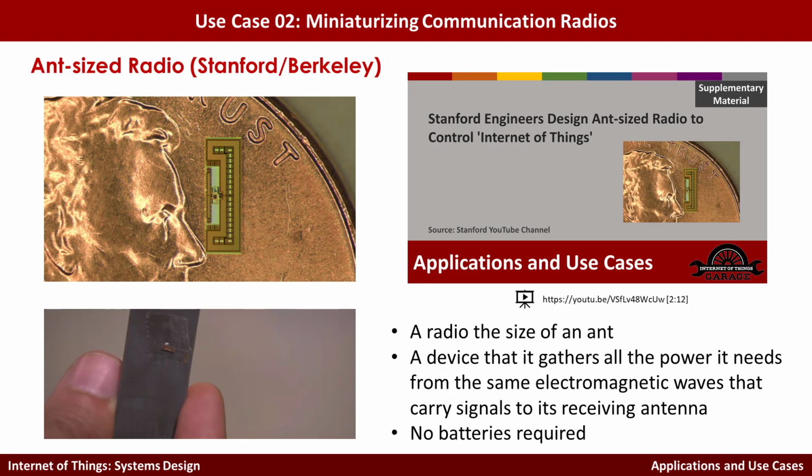It gathers all the power it needs from the same electromagnetic waves that carry the signal to its receiving antenna, so there are no batteries required. This is one of the smallest radios developed in the marketplace. Please go and watch the video to understand the product in more detail.